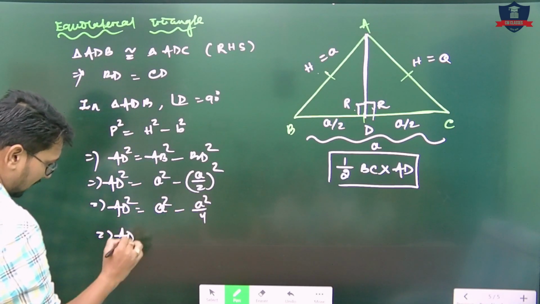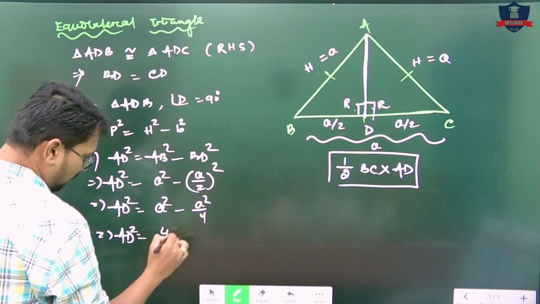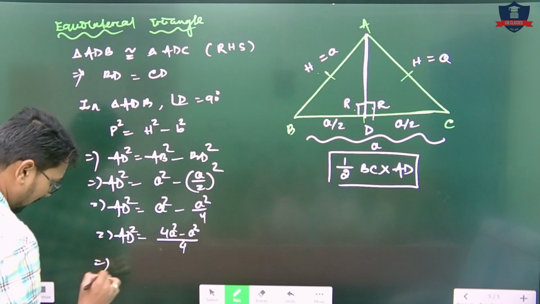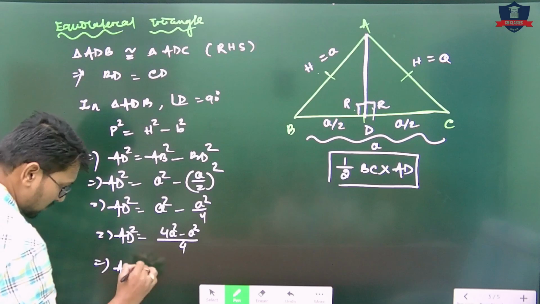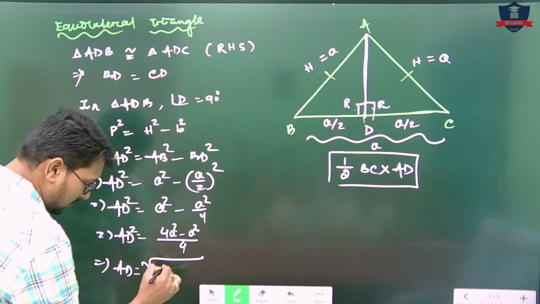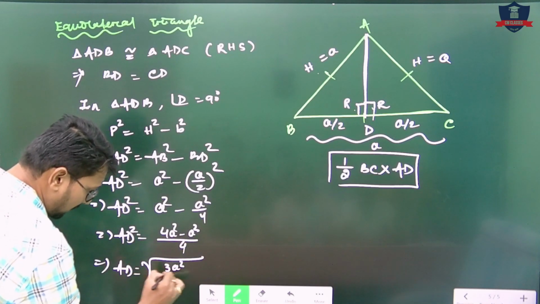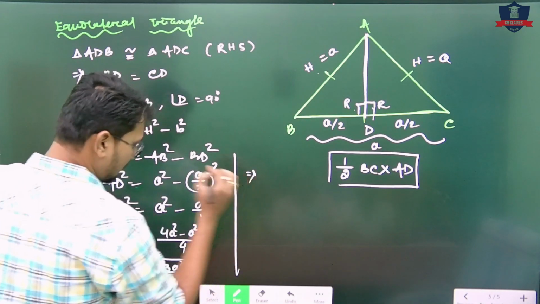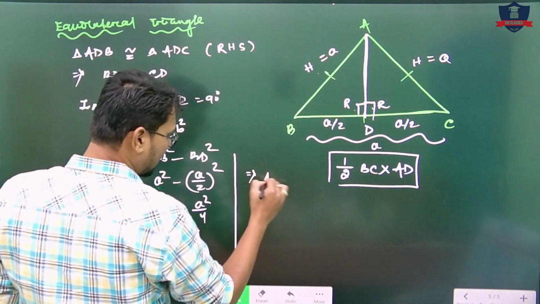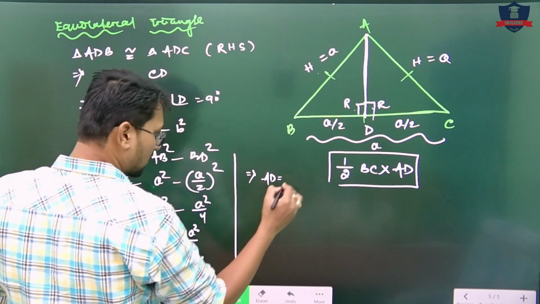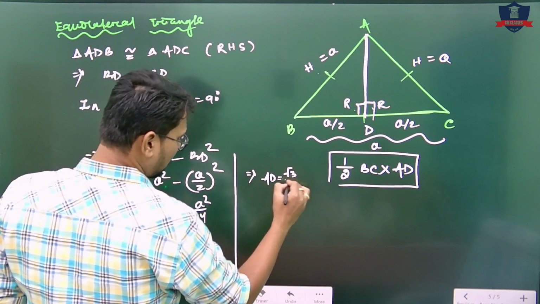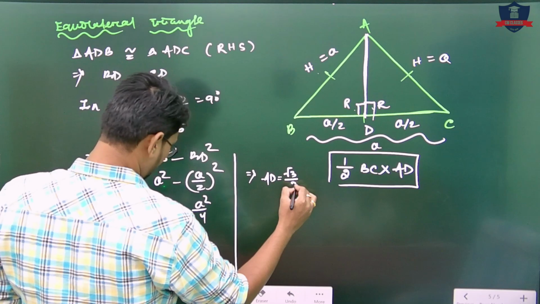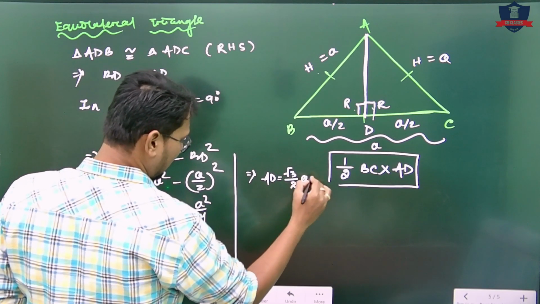AD square equals 4A square minus A square by 4. Therefore AD equals the square root of 3A square by 4, which implies AD equals root 3 by 2 A.